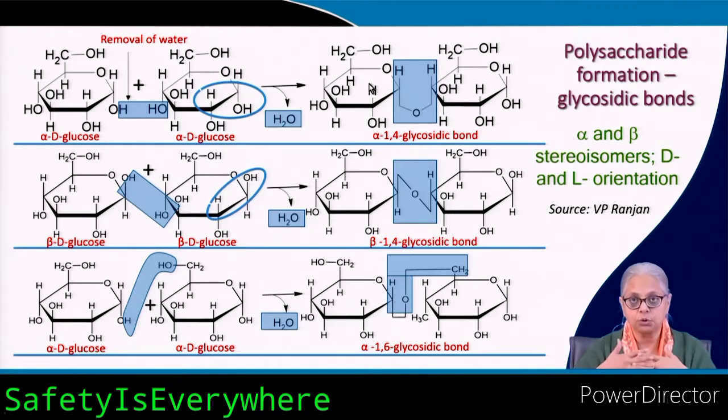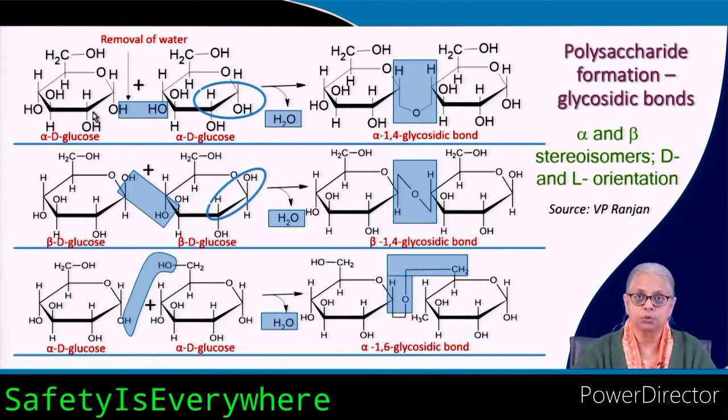So you have two glucose molecules bonding together at two different positions. C1 on one glucose will bond with C4 on the adjacent glucose, and that's why it's called an alpha 1,4 glycosidic bond. This is very important for the nomenclature.